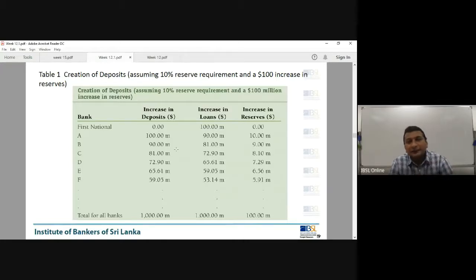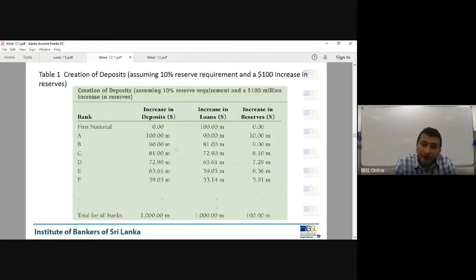So you create another loan, that is 90, and this becomes another deposit, because when you loan to a client, you create a checkable deposit, as in the example. So you see the deposits also increase by 90, and then 10% of 90 is 9. That's the required reserves that the bank needs to keep with the central bank.